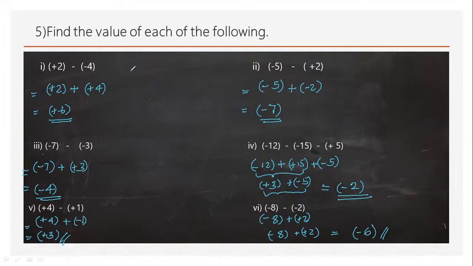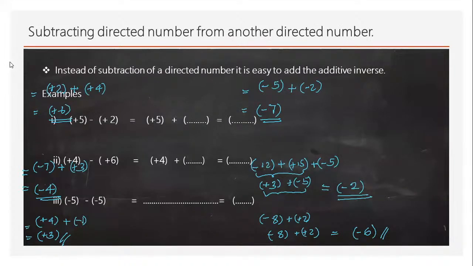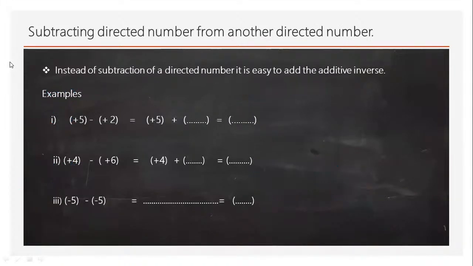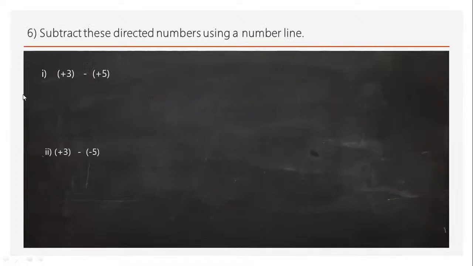Then again, I will go to the previous slide and show you. Sorry. Here, instead of subtraction of directed numbers, it is easy to add the additive inverse. Right, we have done this. And we subtract these directed numbers using a number line.